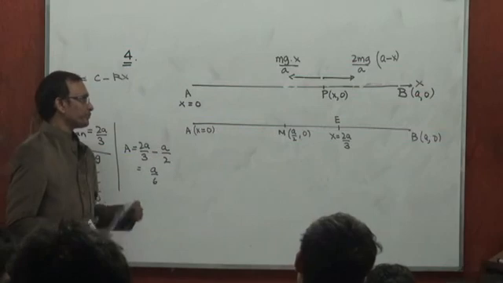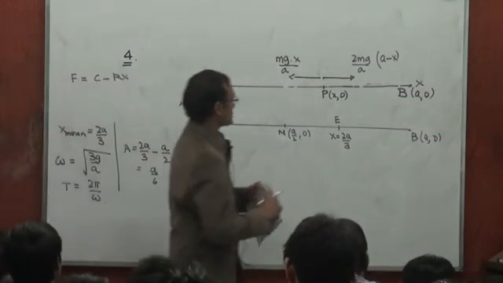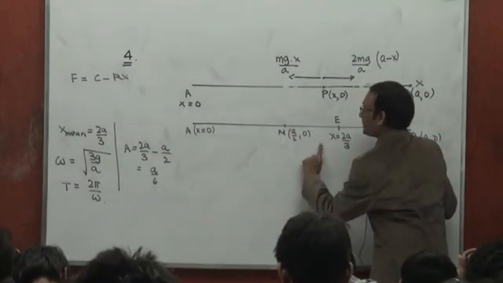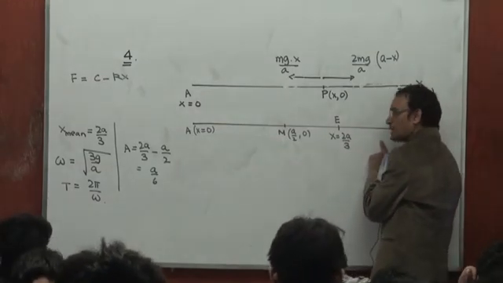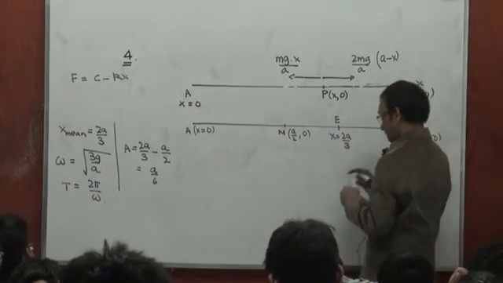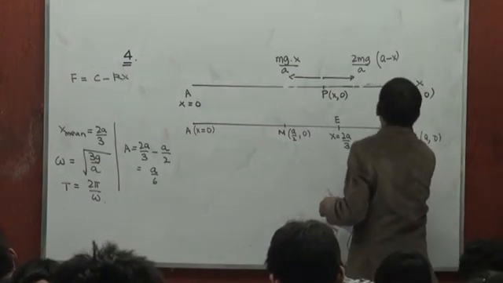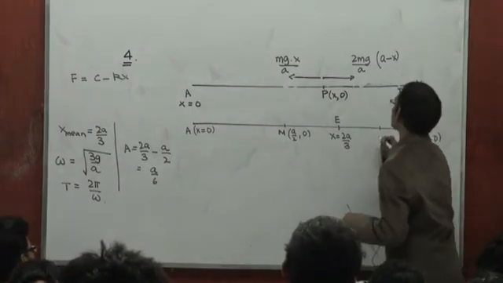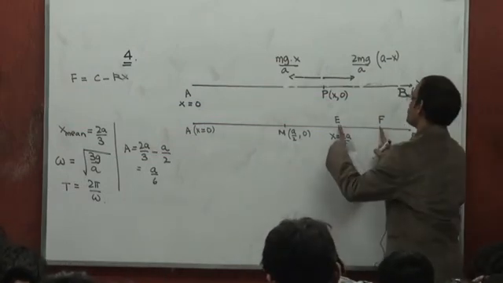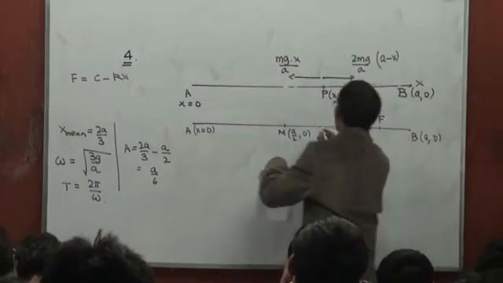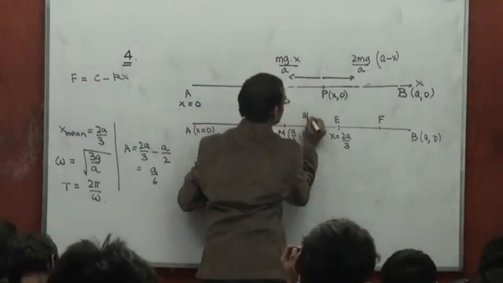Right? Okay. Which means the particle will move a by 6 units to the left, and a by 6 units to the right of E, right? Now, the farthest to the right that it goes from E, F, is going to be 2a by 3 plus a by 6. A by 6 is the amplitude of motion.